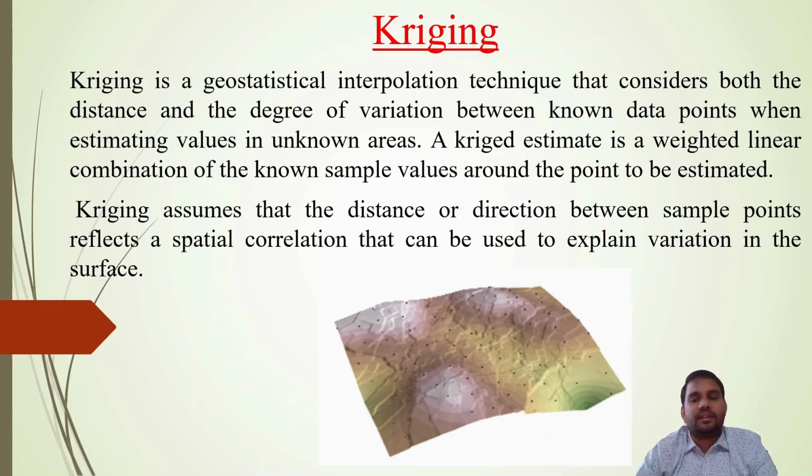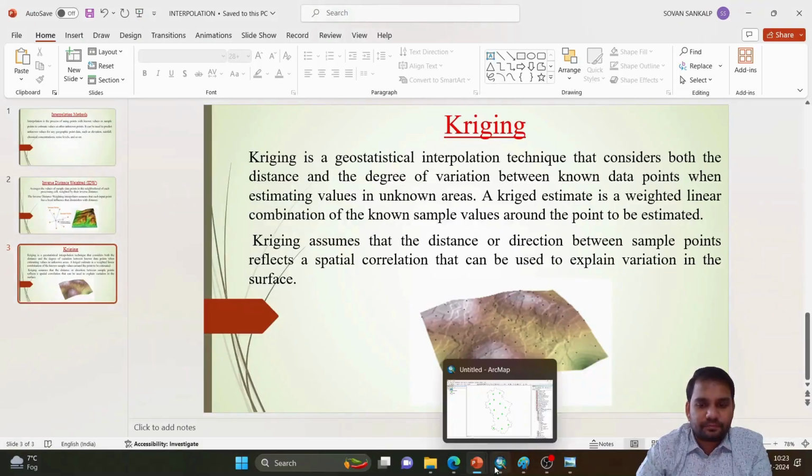The direction is also important in Kriging, but in IDW it was only considering distance. Here it is considering the distance and the degree of variation, which is called spatial correlation or spatial variation or spatial expansion. Okay, so let's move on to the ArcGIS platform.